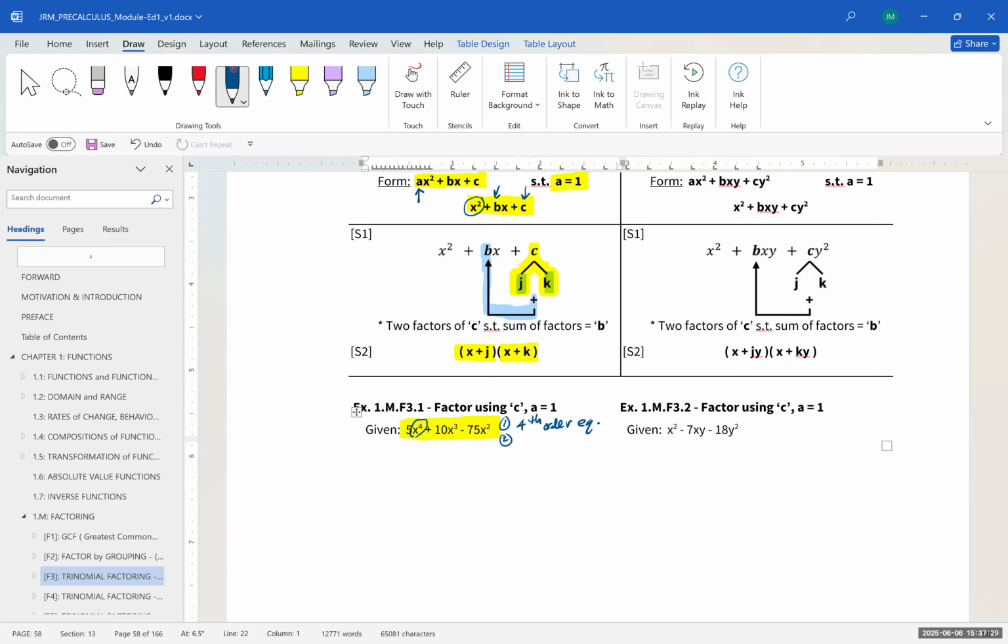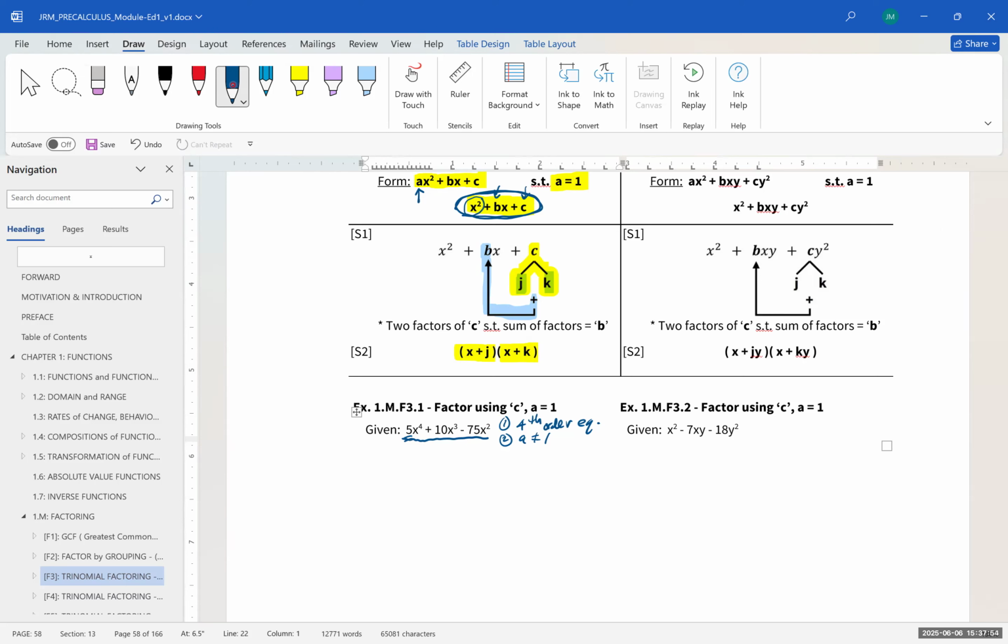The second problem is that our leading coefficient isn't equal to 1. Our leading coefficient is a 5. All right, so we're going to have to do a little bit of work on this in order to get it in the form that it needs to be in order to apply this factoring method.